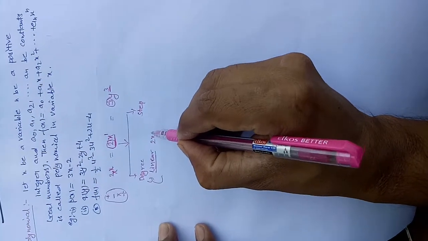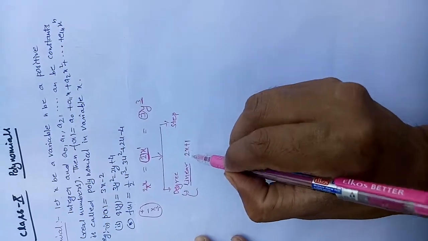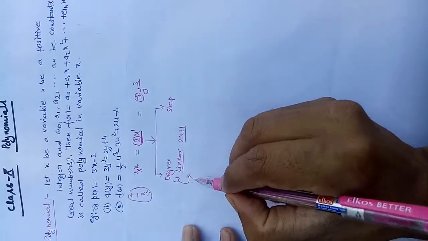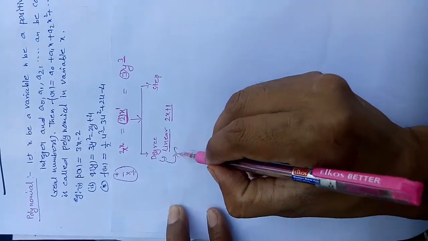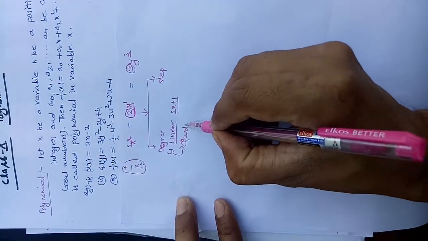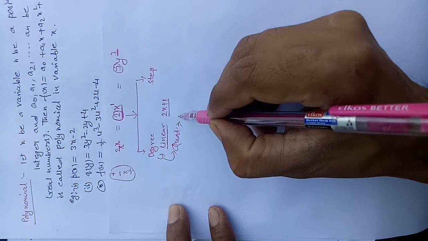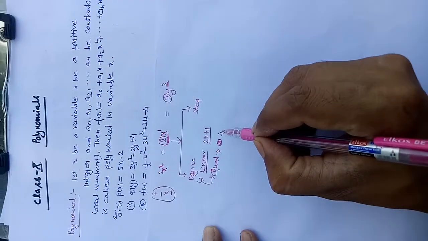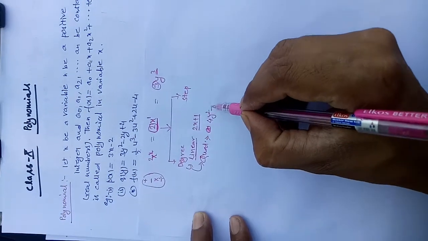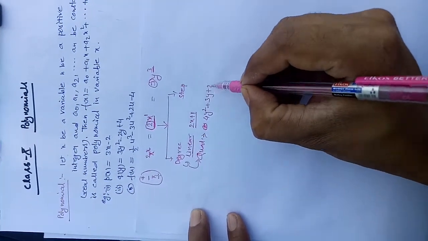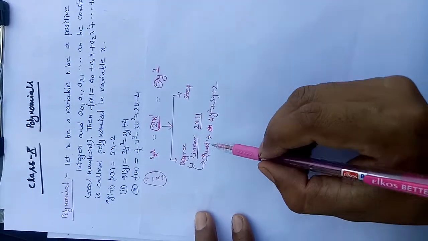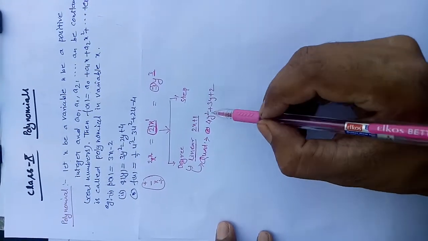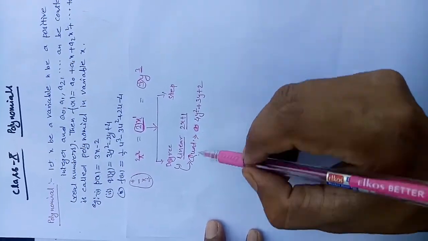Example 2x plus 1. And next is quadratic algebraic expression like 4y square plus 3y plus 2. That means an algebraic expression having highest degree 2 is known as quadratic.